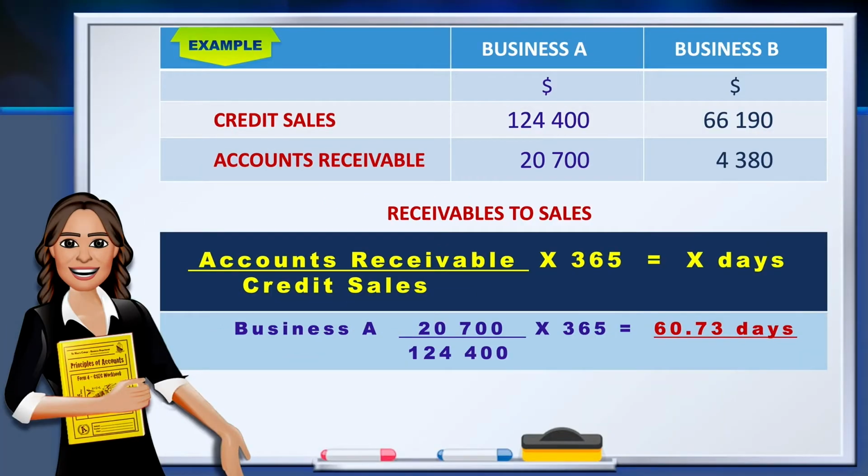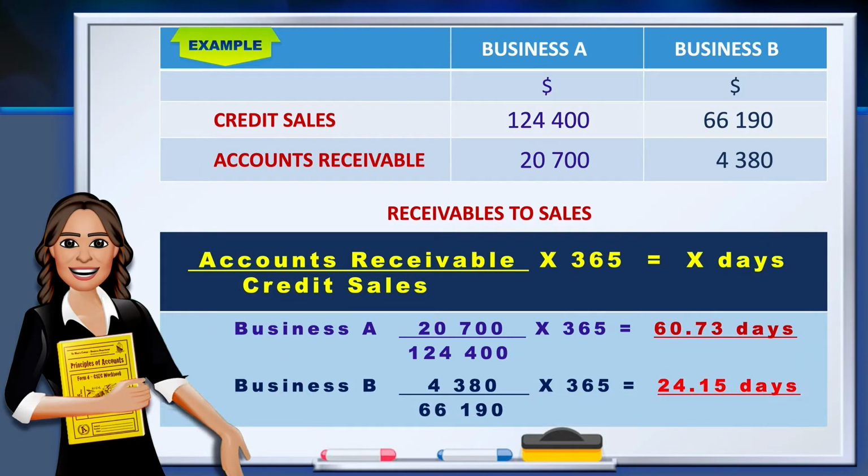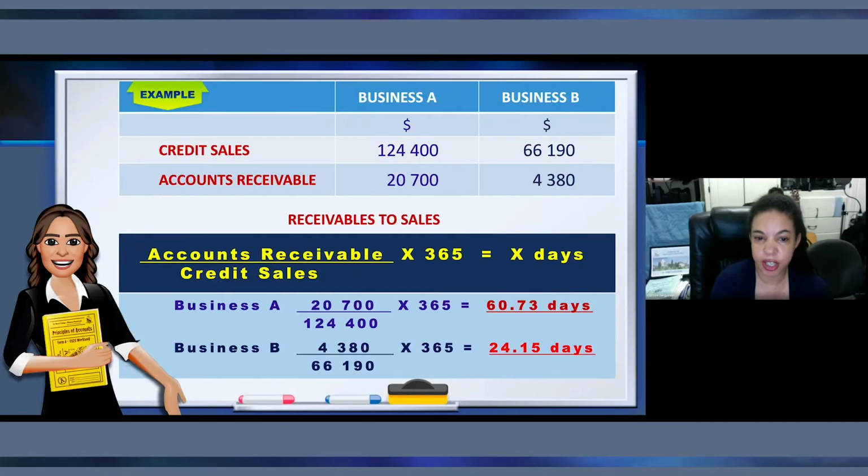And then for business B, it's the receivables, which would be the 4,380 over the credit sales, which for business B is 66,190, and then you multiply it by the 365, and that gives you an answer of 24.15 days, or 24.1 or 24.2, depending on how you round it off.